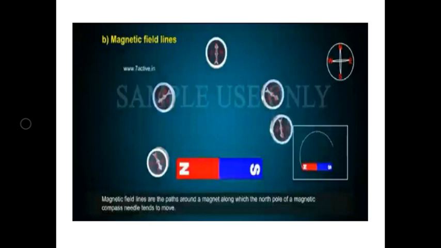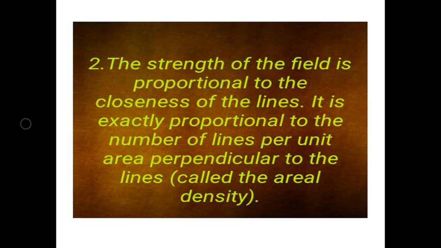A compass needle is used to find the presence of a magnetic field, but it will also show the direction of the magnetic field. The second point is that the strength of the field is proportional to the closeness of the lines. It is exactly proportional to the number of lines per unit area perpendicular to the lines, called the areal density. That is, if the field lines are closer, in that region the magnetic field will be stronger.